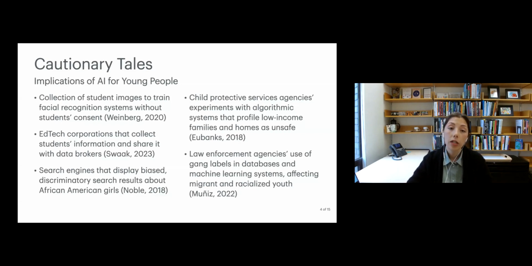And we've seen law enforcement agencies' use of gang labels in databases and machine learning systems with errors that disproportionately affect migrant and racialized youth. So here, perhaps the most dangerous move is when human expertise, its difficult moral reasoning and decision about the allocation of resources and opportunities, those decisions are handed over to technologies and the corporations that profit from them.